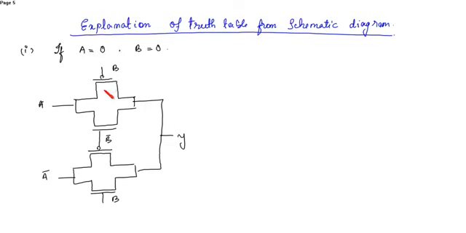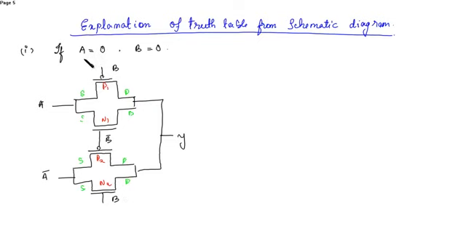Now let me label the input and output first. This is P1, P2. This is N1. This is N2. For this case, these are the sources, drains, sources, drains.